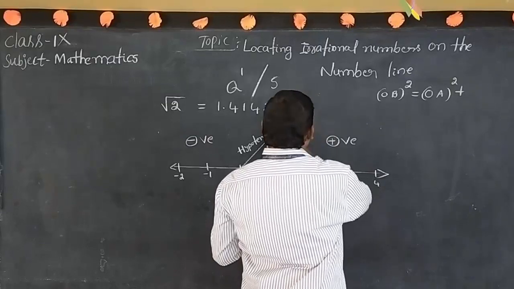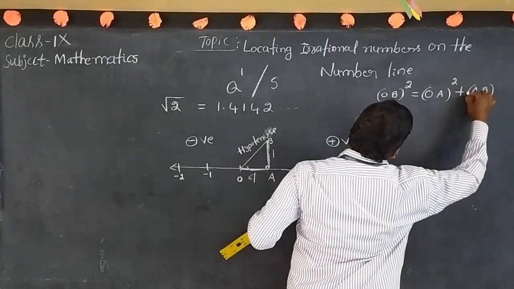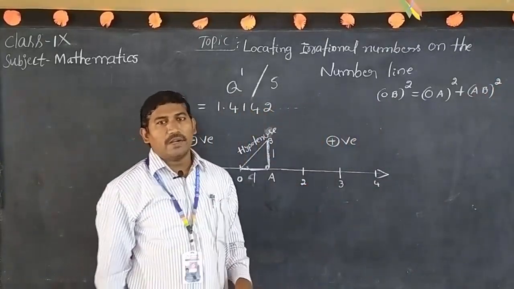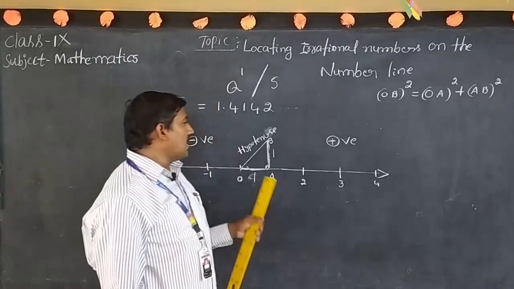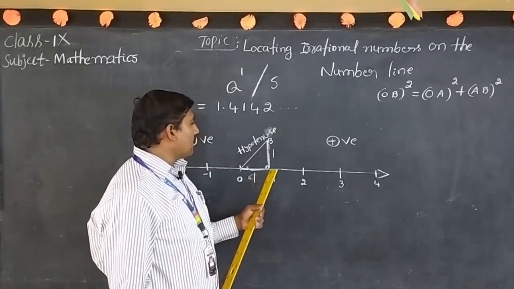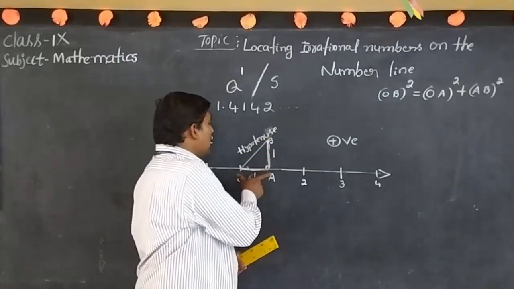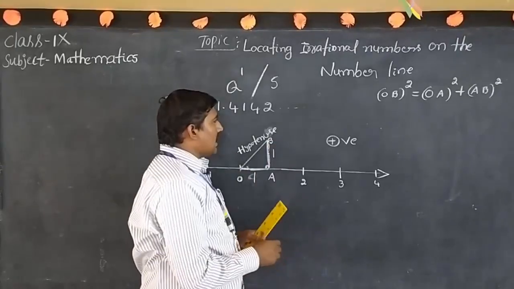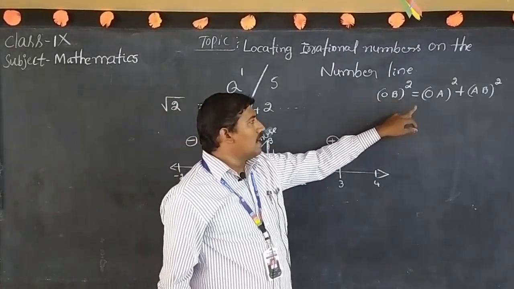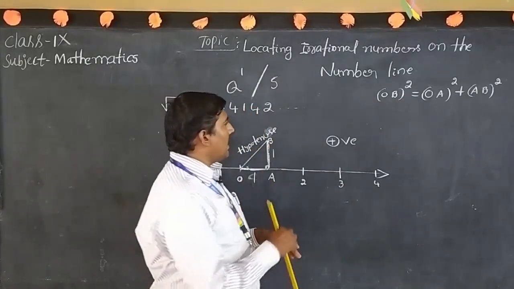According to Pythagoras theorem, in a right angle triangle, hypotenuse square is equal to side square plus side square. Here hypotenuse is OB. OB square is equal to OA square plus AB square.